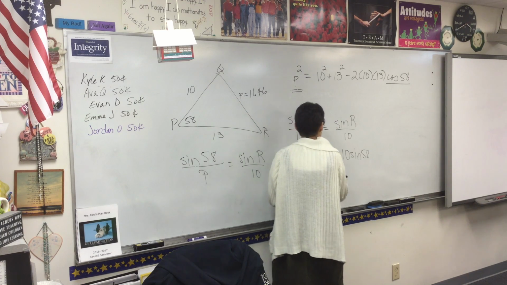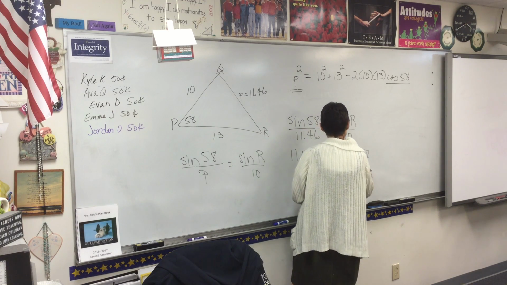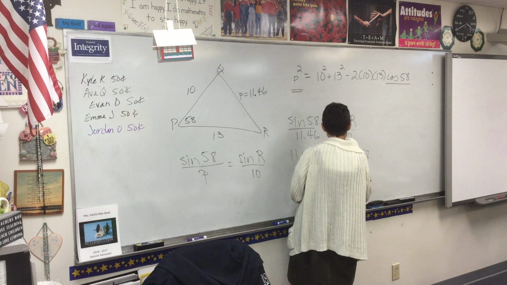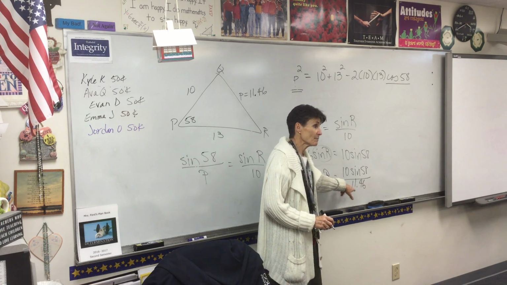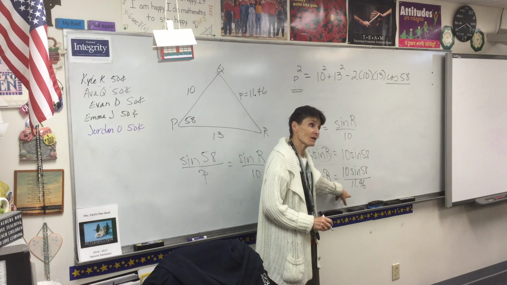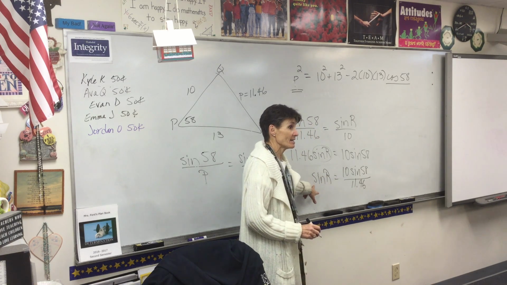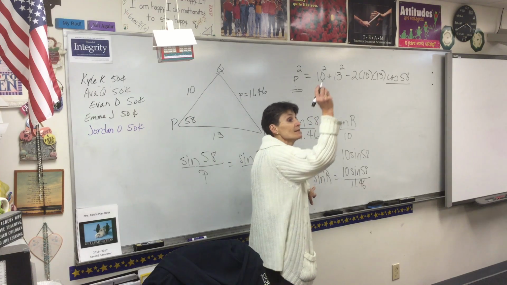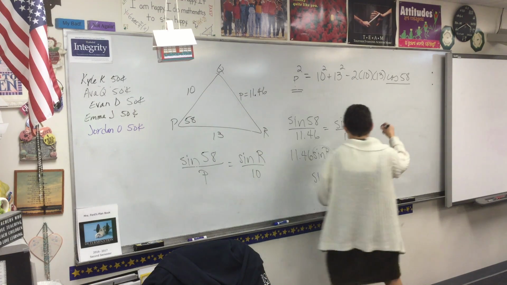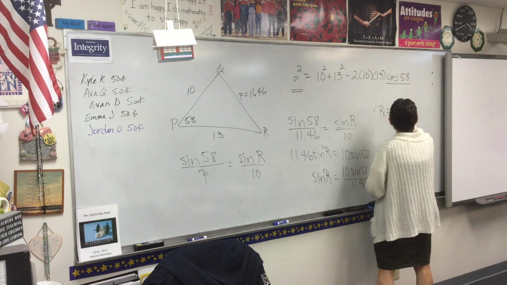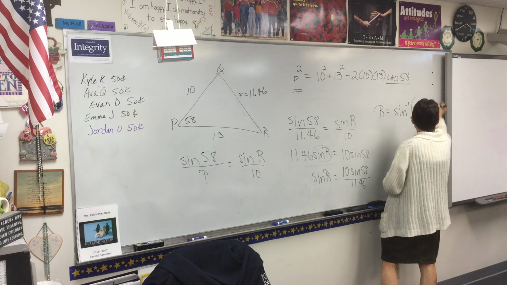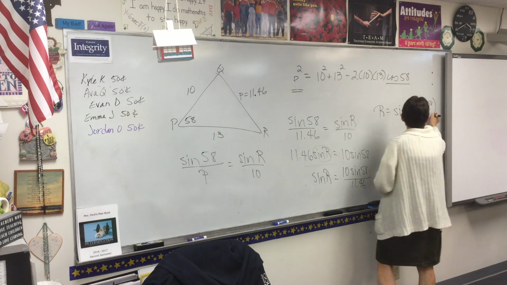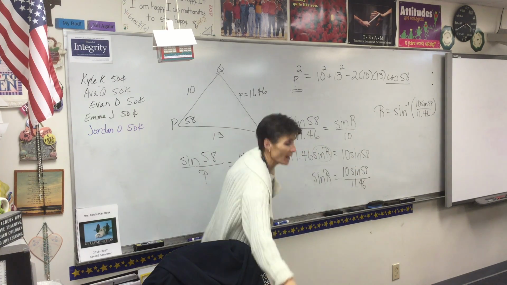So sine R equals 10 sine 58 over 11.46. Now, are you going to type that into your calculator? No, you're not. This is a sine, so you need to second sine it. So you're going to type second sine 10 sine 58 over 11.46. And that will give you angle R.